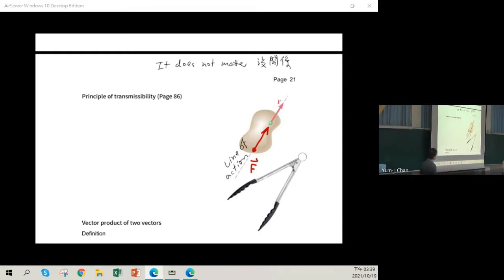It does not matter that the force is moving along, if the force has the same magnitude and it moves along the same line of action. Is that okay?